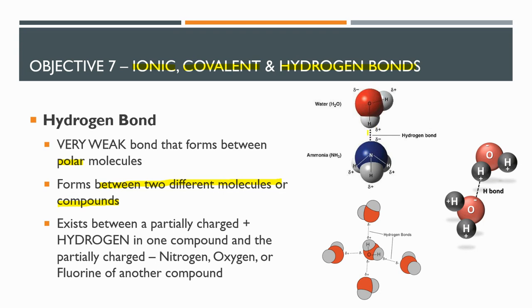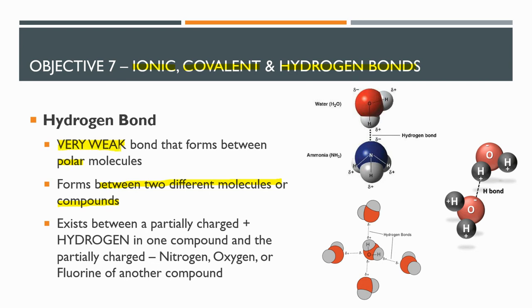So hydrogen bonds are always represented by little dots because they're not very strong. Covalent bonds are represented by solid lines. These hydrogen bonds form between these little weak charges, and they're easy to make and easy to break, okay? So they are very, very weak bonds.